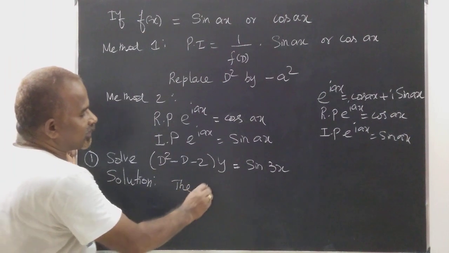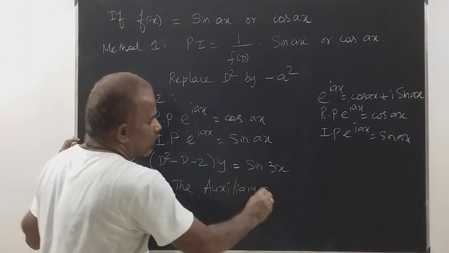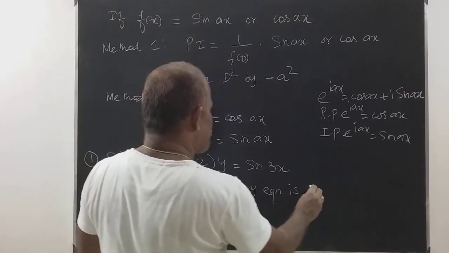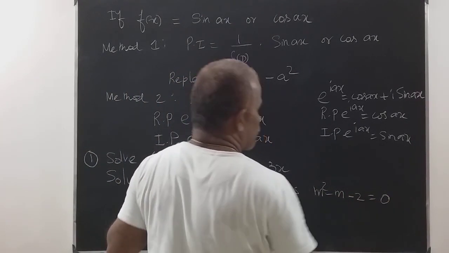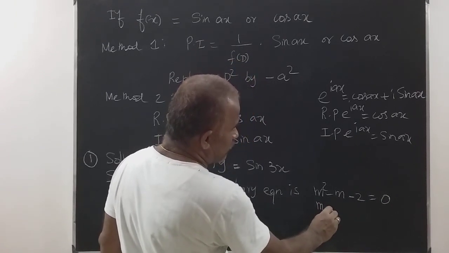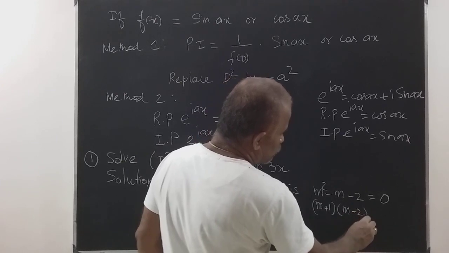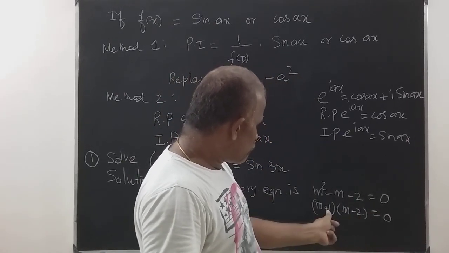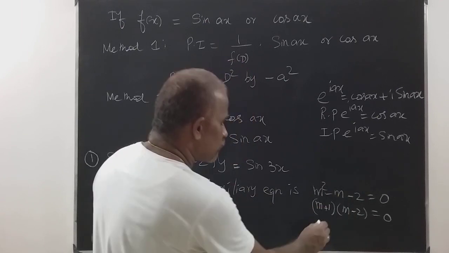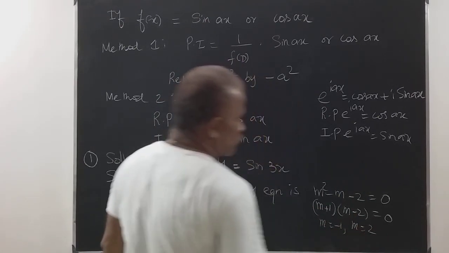As usual, the auxiliary equation is m squared minus m minus 2 is equal to 0. So therefore m minus 2 into m plus 1 is equal to 0, since 1 into 2 is 2, and minus 2 plus 1 is minus 1. So m is equal to minus 1 and m is equal to 2.